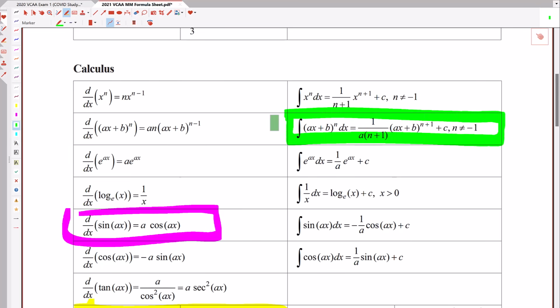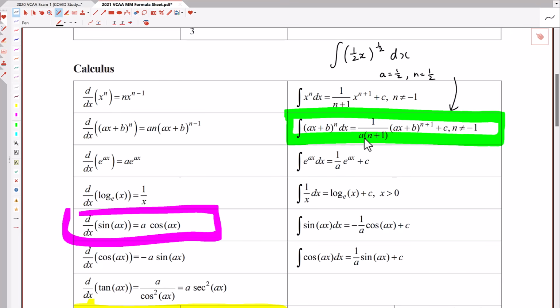Okay, so in our problem, we're integrating essentially half x to the power of a half. Okay, so in this case, we have a equals a half, and we also have n equals a half. And we're using this formula here. So our antiderivative is going to be 1 over a, which is a half, times n plus 1, which is a half plus 1, so 3 on 2.